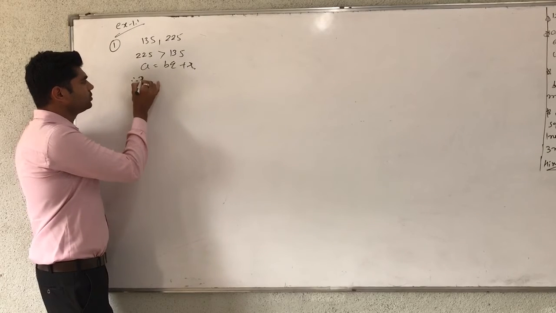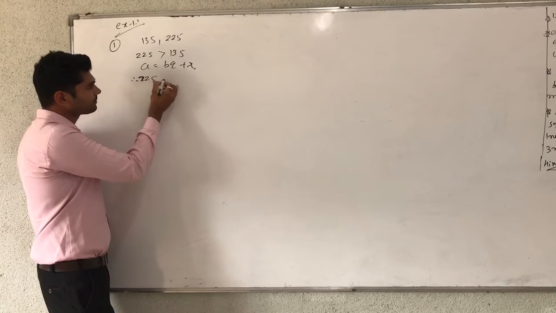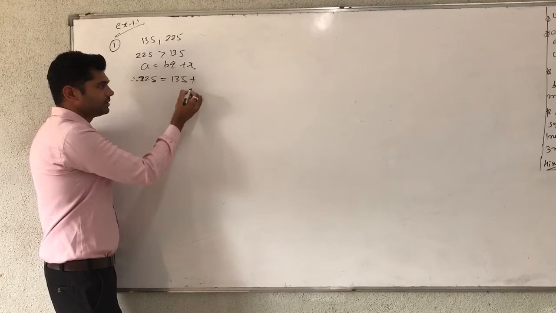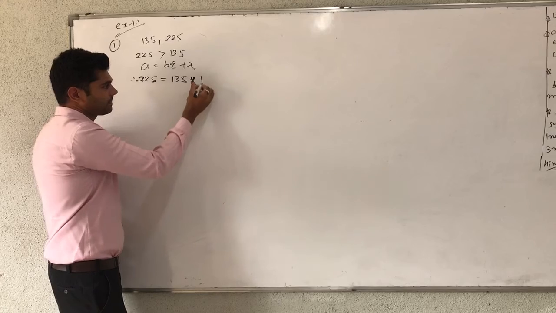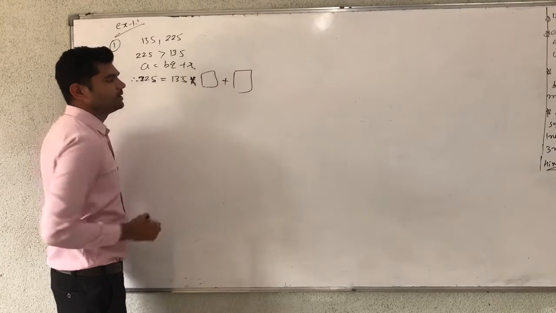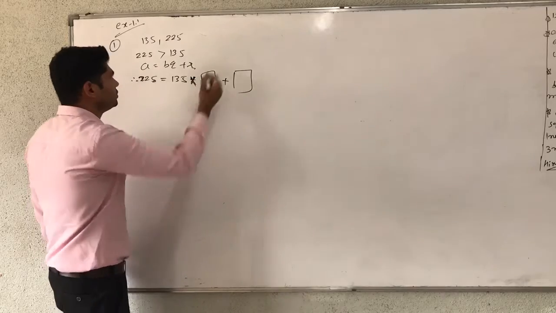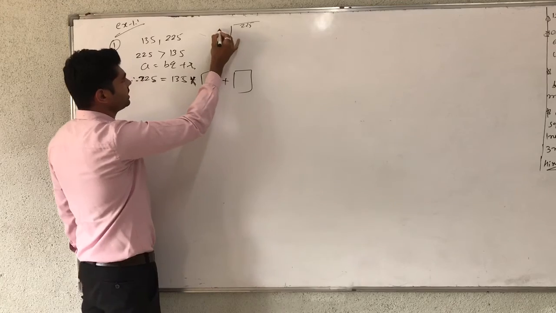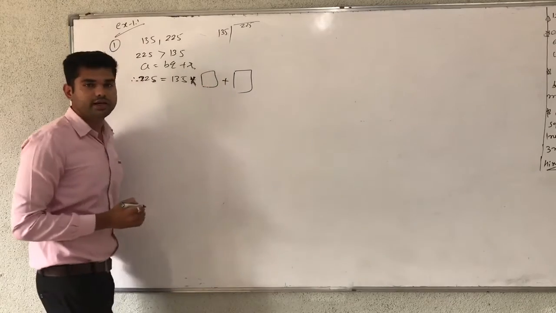So 225 is equal to 135 multiplied by some number plus the remainder. So 225 is divided by 135.